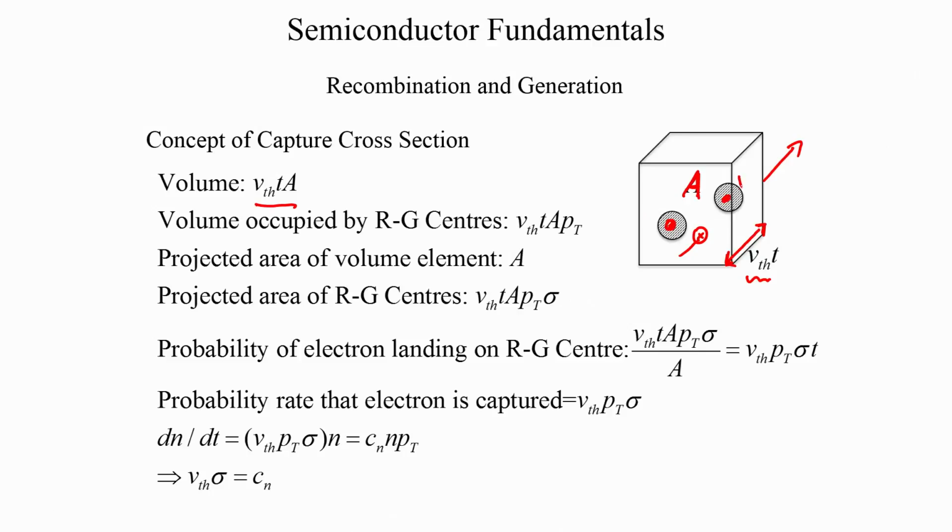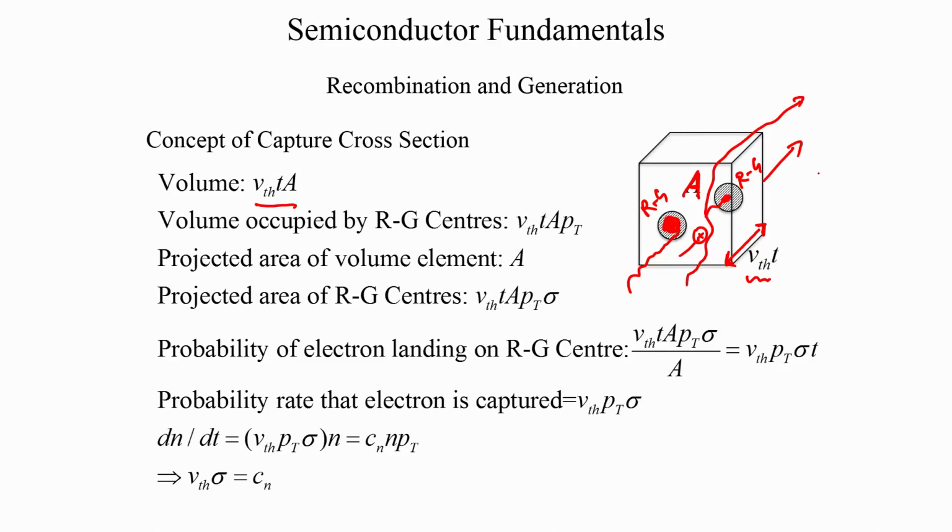These are all RG centers that can capture electrons, and these centers have got a capture radius. If an electron were to move inside here, it is definitely captured, it is trapped, and if it can escape all these centers, then the electron is not trapped.